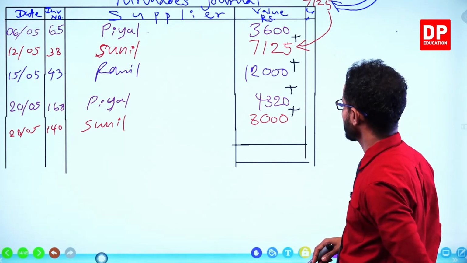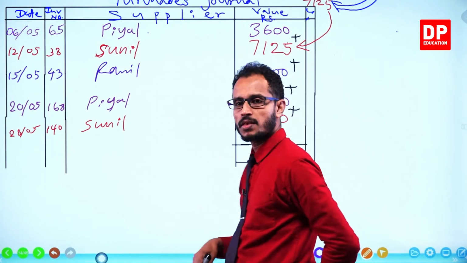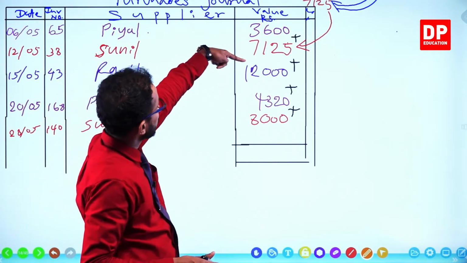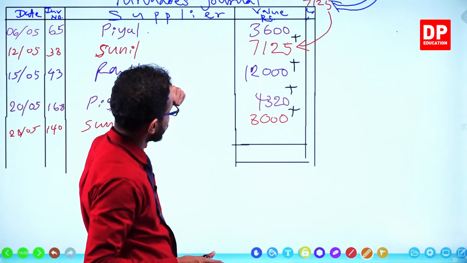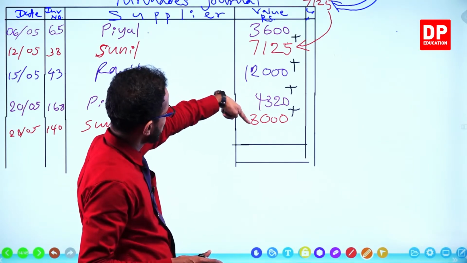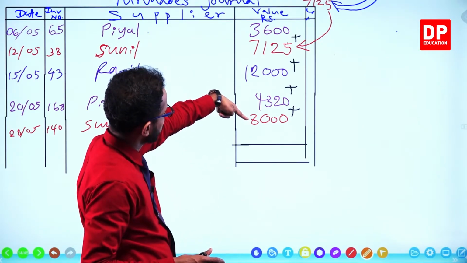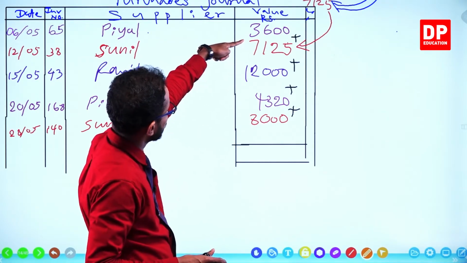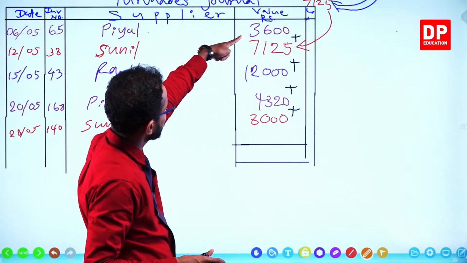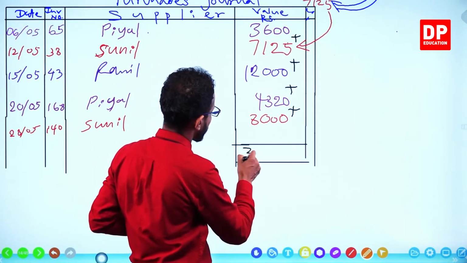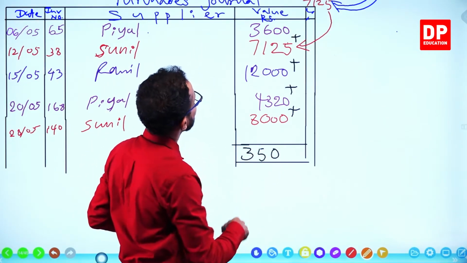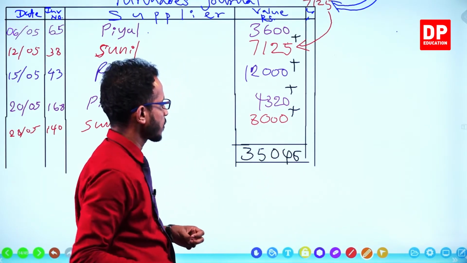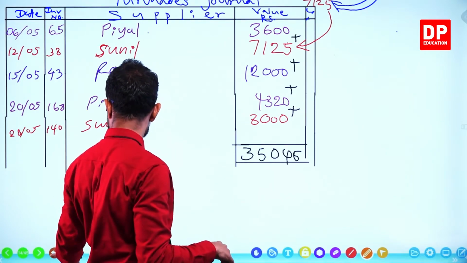How much do you get? 12,000 plus 4,320, then 35, 35,000, 45, right? 35,045.